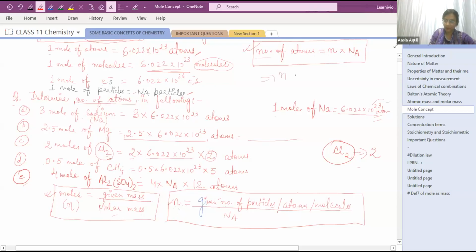So the number of moles will be the number of atoms divided by Avogadro number. So you will get the number of moles by this formula also. Just quickly write it down, then we will move forward. Concept is clear, right? Yes, ma'am.